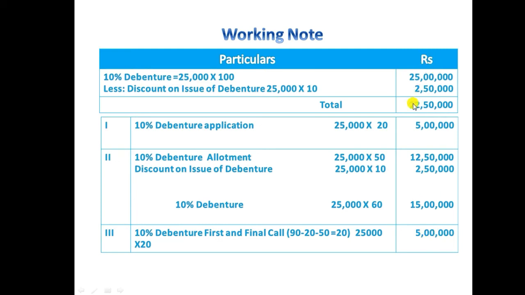So this total 22,50,000 the company will collect in 3 installments. First installment 5 lakhs, second installment 12,50,000, and third installment 5 lakh rupees. A total of 22,50,000 rupees the company will collect from the debenture holder, but the company will credit in their account 25 lakhs only. That we need to keep in mind.